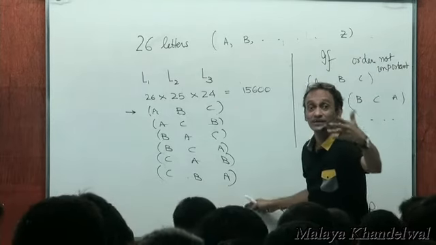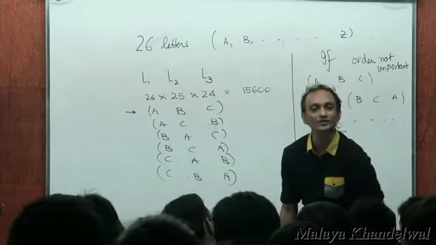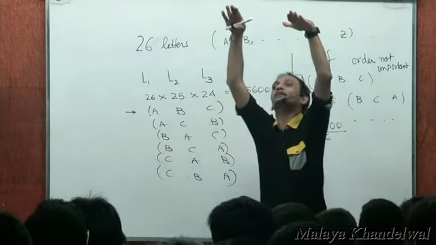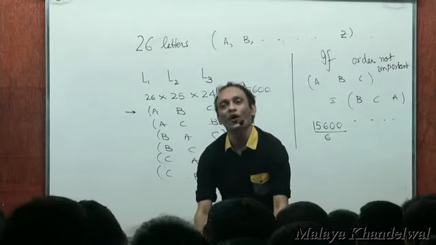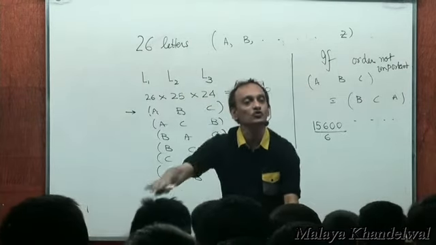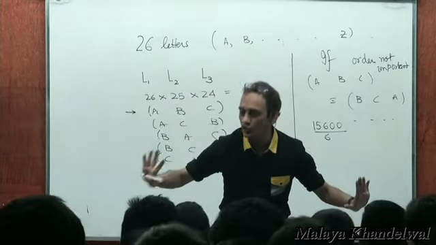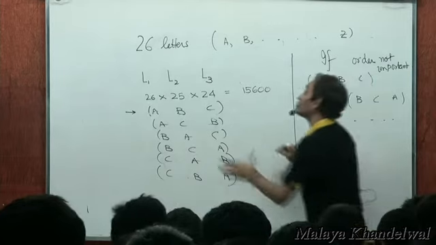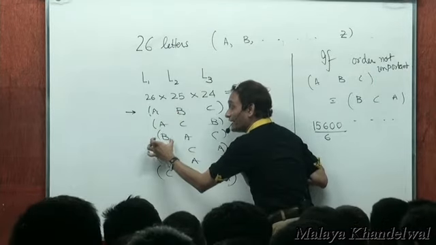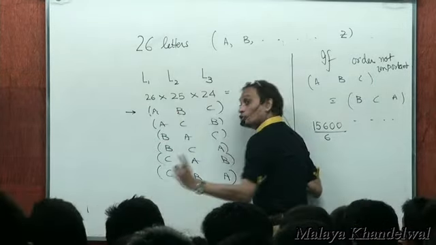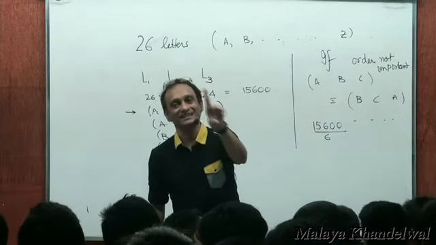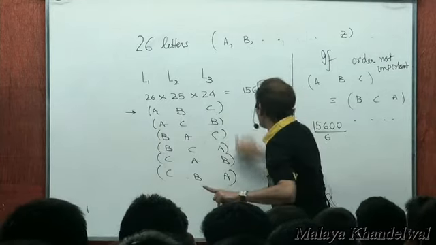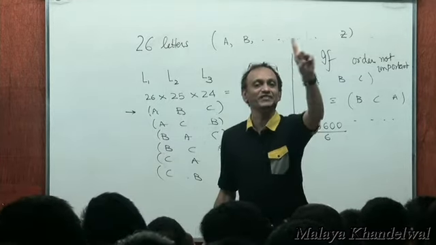See, this count turns out to be 6, which is actually 3 factorial. So for every choice of 3 letters, you actually get 6 ways in which they could be ordered in these 3 spaces, L1, L2, L3. Yes or no? That's why, to get the count in which all these were regarded identical, the total count would only be 1/6, because only 1 out of every 3 factorial is a relevant count.